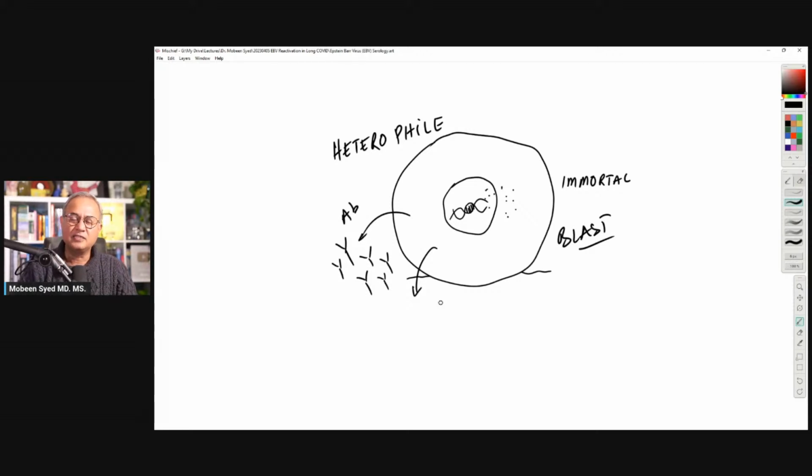So you can imagine the poor little B cell, tiny, under the microscope, just saying, where am I? Am I all disoriented? And it is trying to speak things. And these are all incorrect things it is speaking. These are called heterophile antibodies. Hetero means someone else. Phile means loving. So heterophile, loving something else.